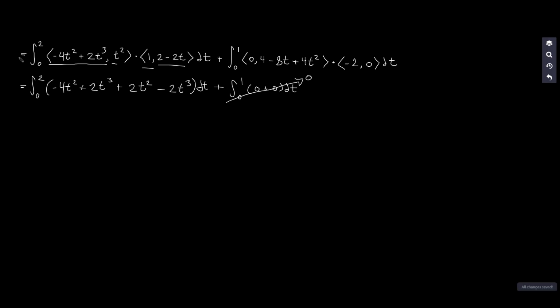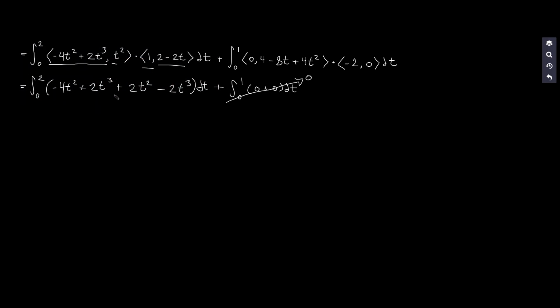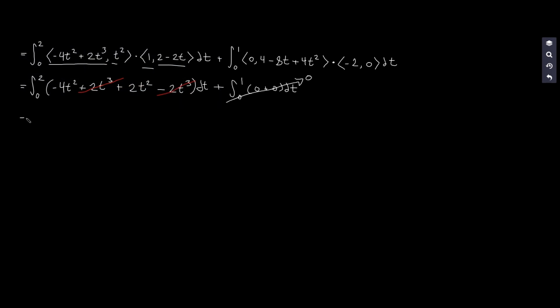But let's turn our attention to this first one. Let's combine like terms. Positive 2t cubed, negative 2t cubed. What are we going to have? What's in store for us?